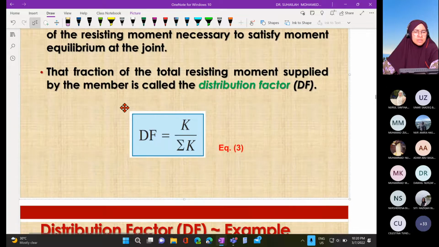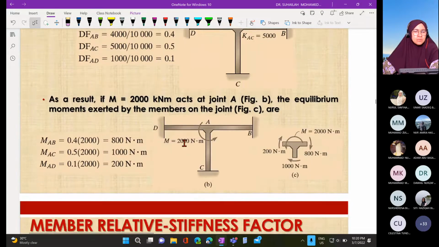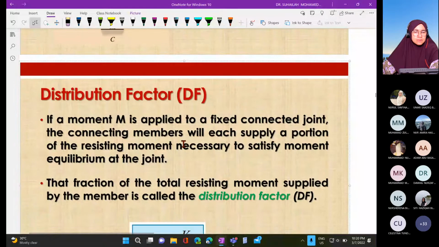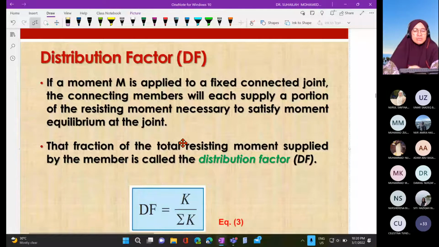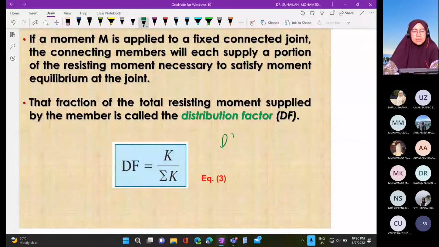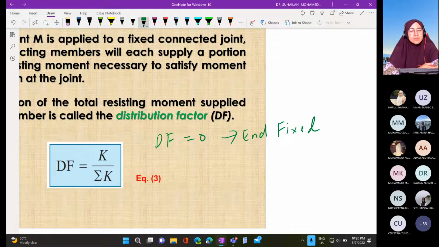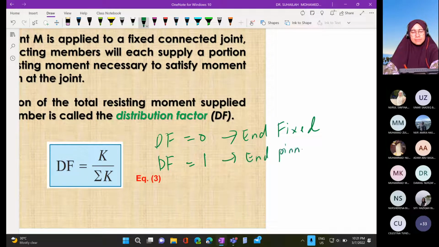There are 2 more things you need to remember. Distribution factor is 0 for a fixed end, and distribution factor is equal to 1 for a pin or roller end. So remember that.